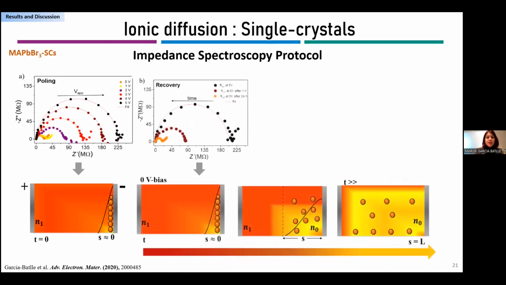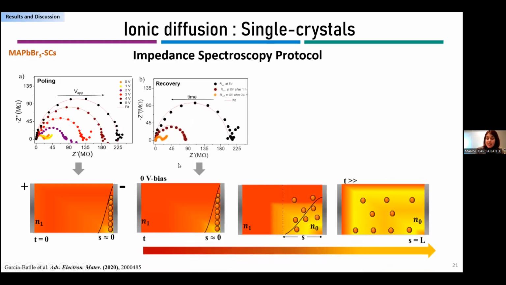Then when we apply zero bias, or when we remove bias, short circuit condition, we can observe how the resistance decreases to steady state resistance. It's like we observe how the ions diffuse and they shift the electronic conductivity during the recovery bias. And this can be observed by impedance spectroscopy.